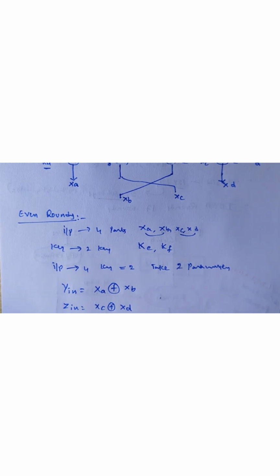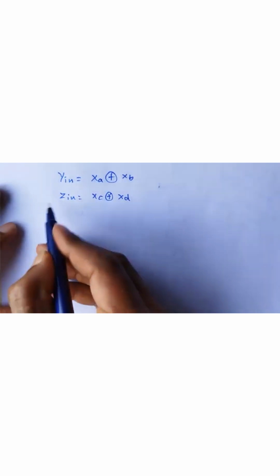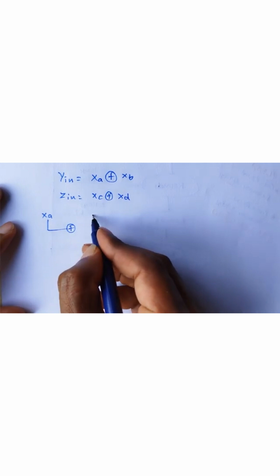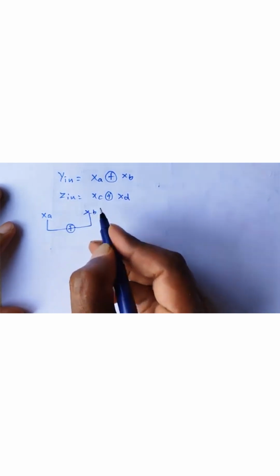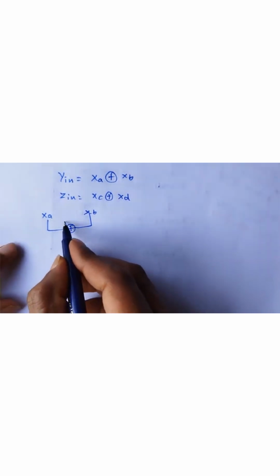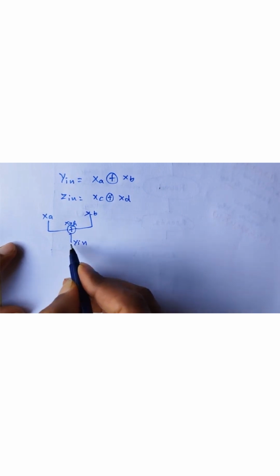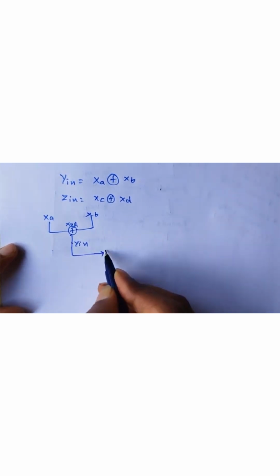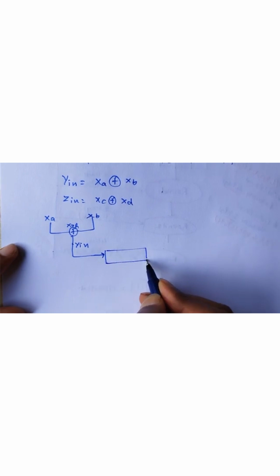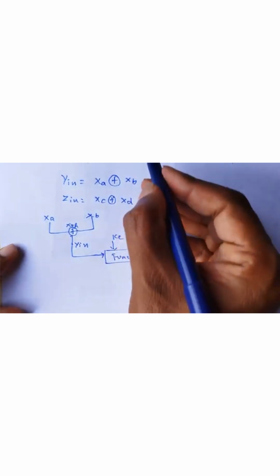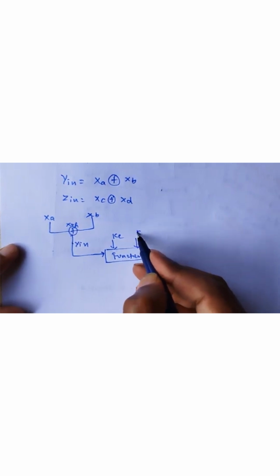Round operation. Okay, what is the diagram for this one? Here XA is performing XOR operation with XB. This XOR result goes to Yin. It is applied to the function. Here in the function we are applying the KE key and KF key.